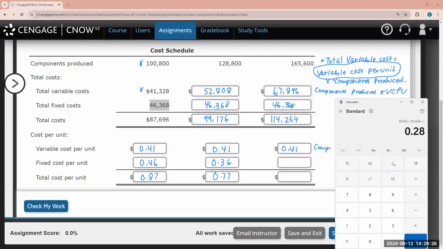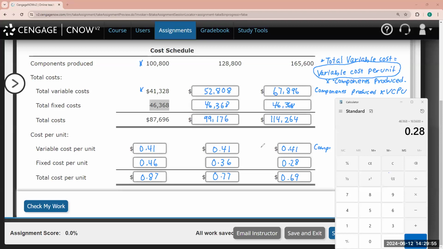That gives us a cost of 28 cents per unit. So therefore, the total cost per unit, if we were to manufacture 165,600 units, is 69 cents.